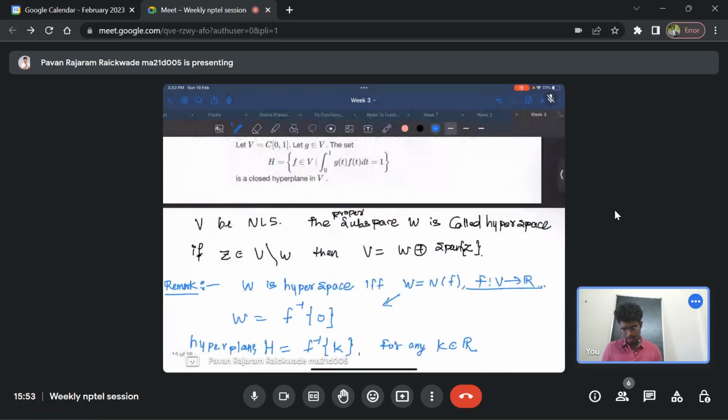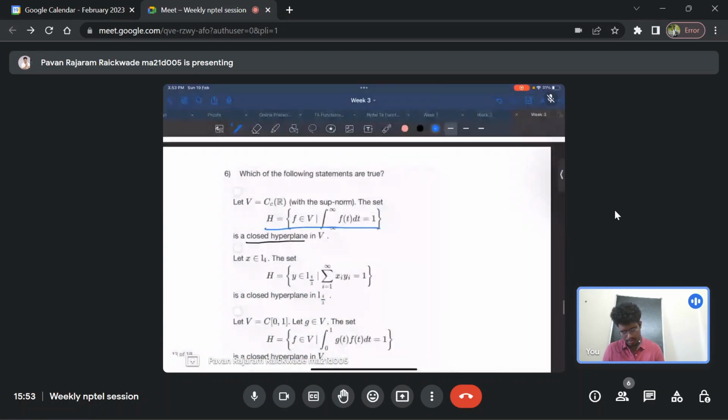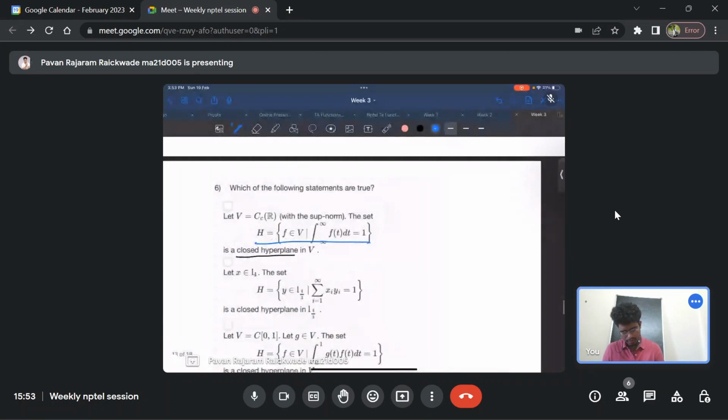So in our question, we have H to be this set. By looking at the set, you can define a linear functional from V to R as phi of f equals the integral from minus infinity to infinity of f(t) dt. This is a linear functional.